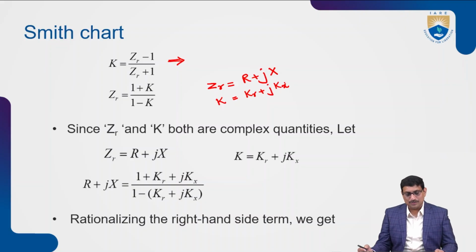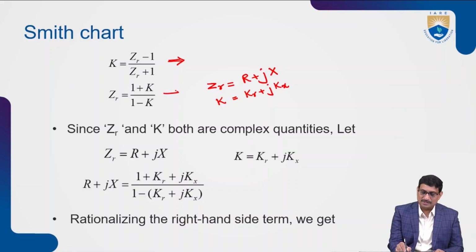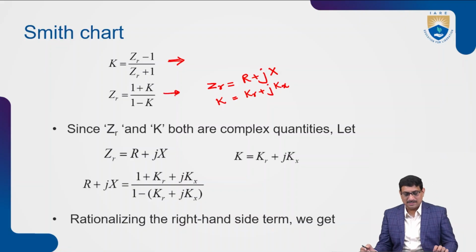If I substitute the normalized terminating impedance as R plus jX and the reflection coefficient as Kr plus jKx in the above equation, then R plus jX is equal to 1 plus Kr plus jKx divided by 1 minus Kr plus jKx.